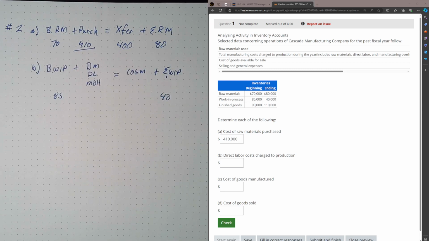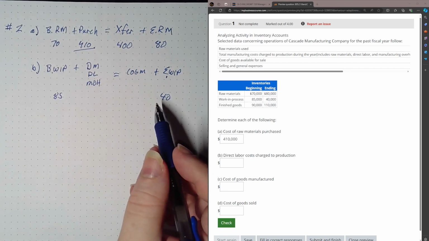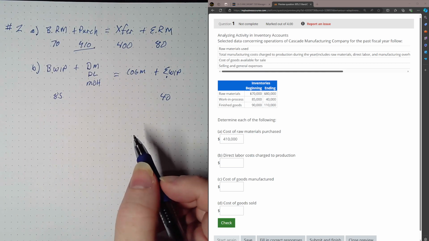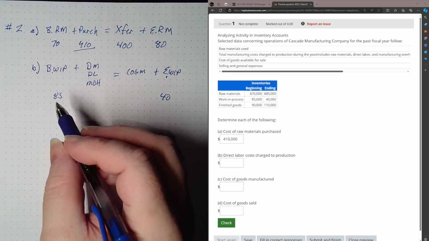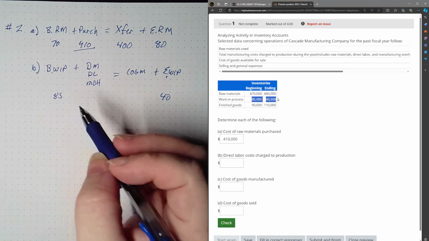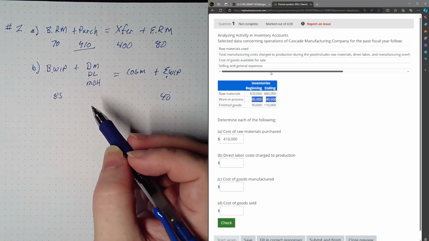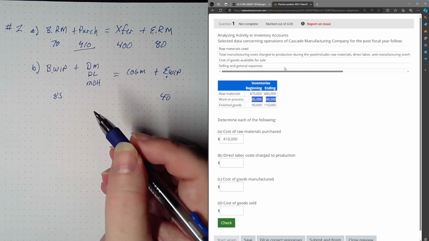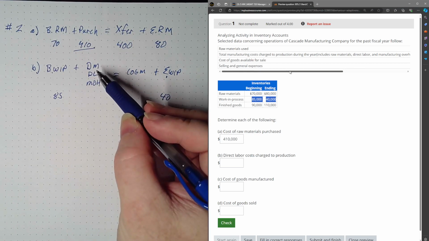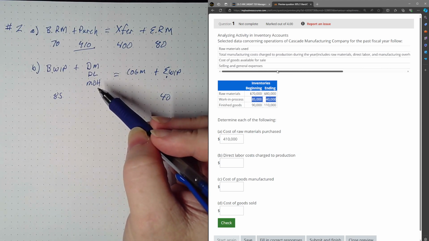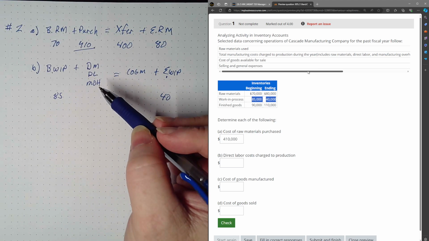Let's take a look at the next one. Part B says direct labor costs charged to production. I started charting out the inventory equation, but reading the question, it doesn't actually ask that. Anyway, here's beginning work in process, the 85 and the 40,000. But let's see what it does say. Total manufacturing costs charged to production during the year. Now remember, that's direct materials, direct labor, and manufacturing overhead. So we already know the raw materials used.